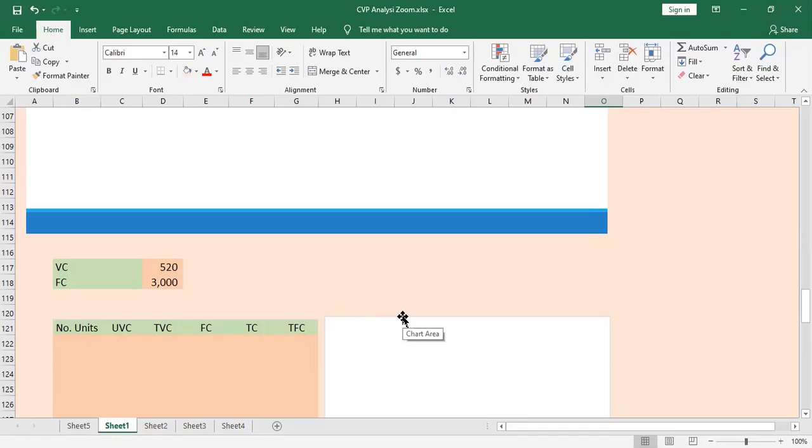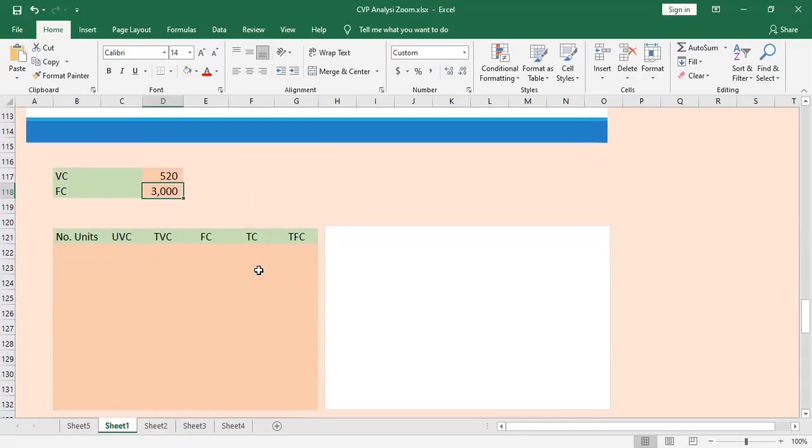And here I have given you an example of a production. VC here is for variable cost and FC is for fixed cost. The variable cost here is 520 rupees and the fixed cost is 3000 rupees. So let me calculate.